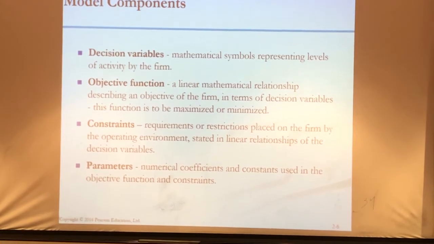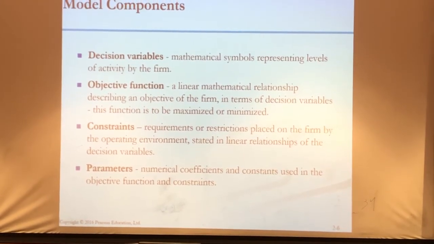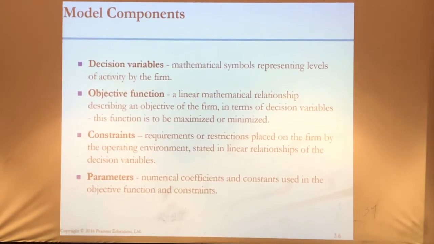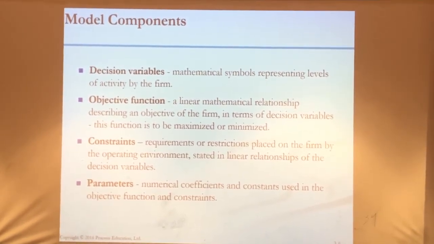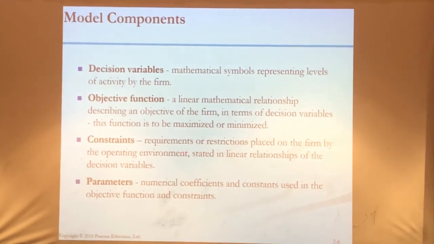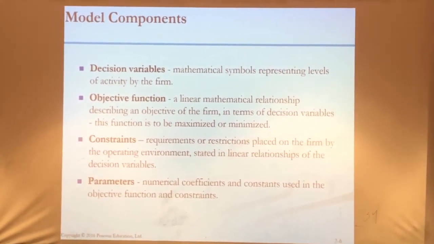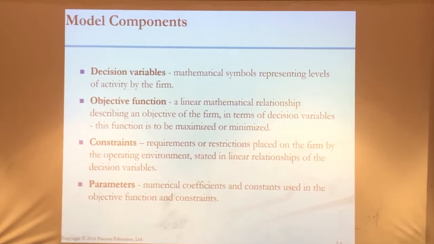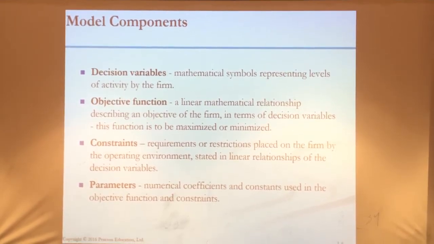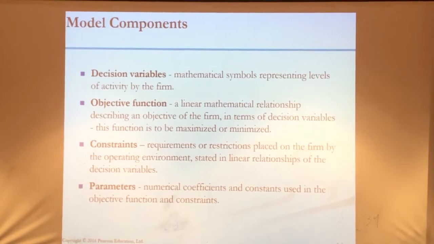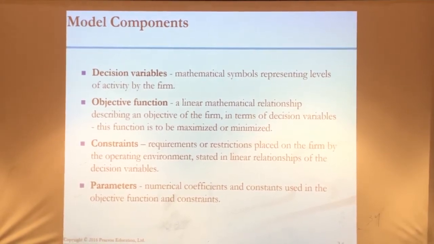We cannot maximize the profit to infinity, right? Or minimize the cost to zero. There will be constraints. These constraints, requirements, or restrictions placed on the firm by the operating environment are stated in a linear relationship of the decision variables. The constraints and the objective function will be linear. That's why it's called linear programming.